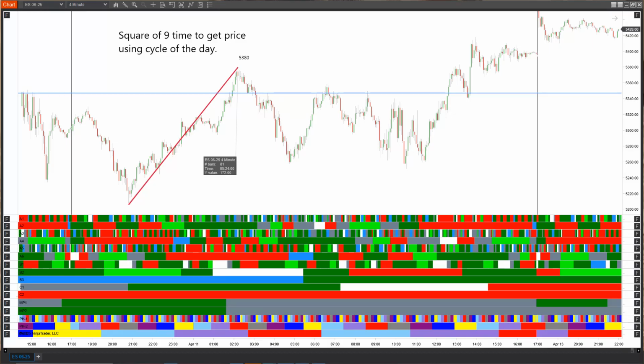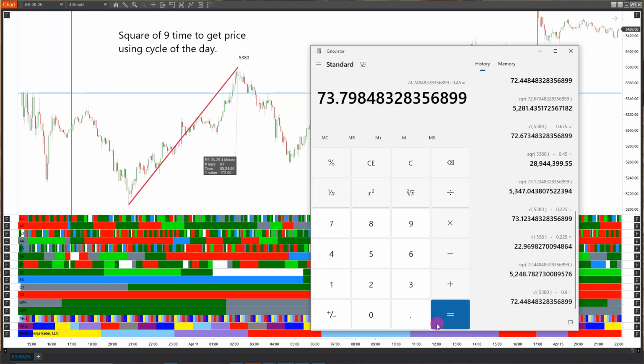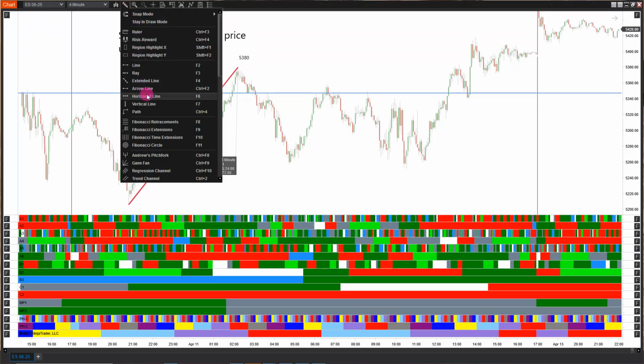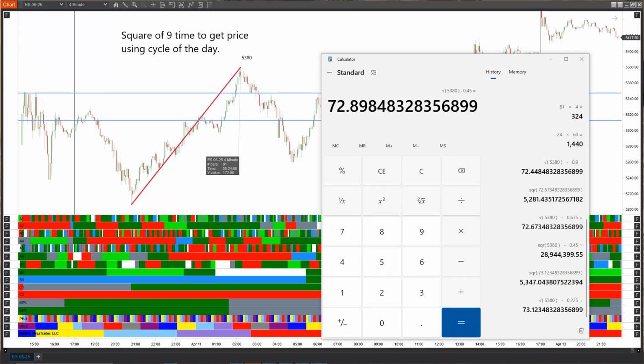So the next step would be to take the 5380, square root, subtract the 0.45. My result is 73.79, and re-square that. My next target down would be 54.46. Check that math error.